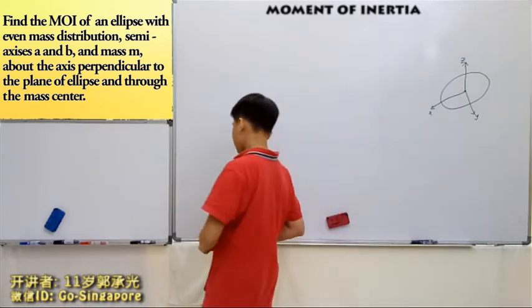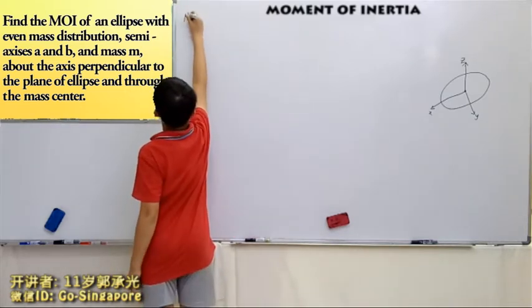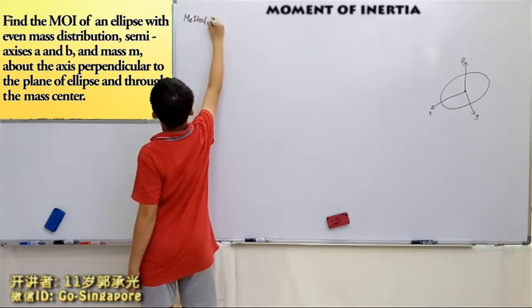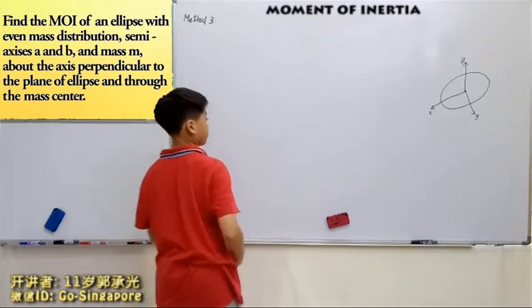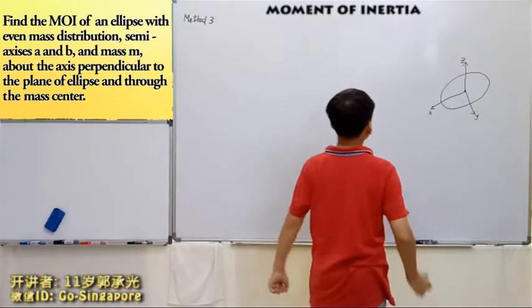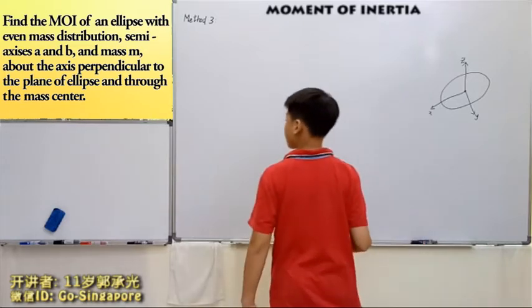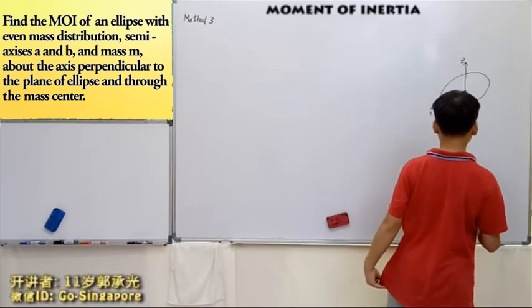That means we would have method number 3, polar coordinates. Let's find out.